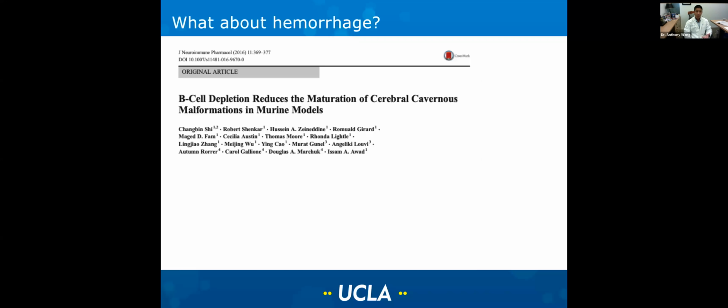So this study was one of the most interesting I've seen in a long time. I was really excited by this study. Again, supported in part by the Angioma Alliance, from the laboratory of Dr. Samuel Wad. But he identified B cells as being critical to the maturation, but not to the development, of cavernous malformations.